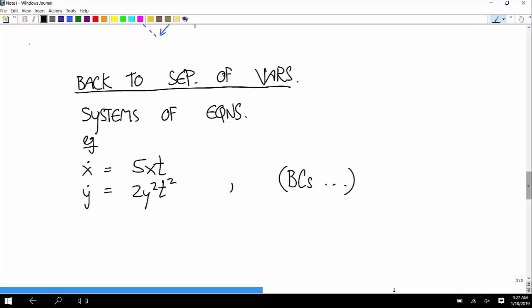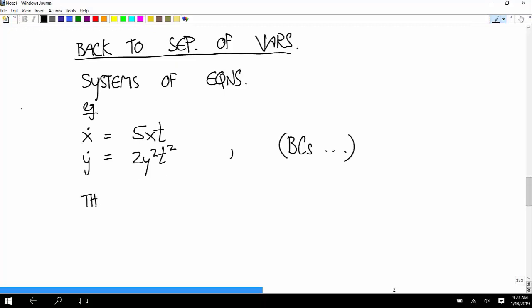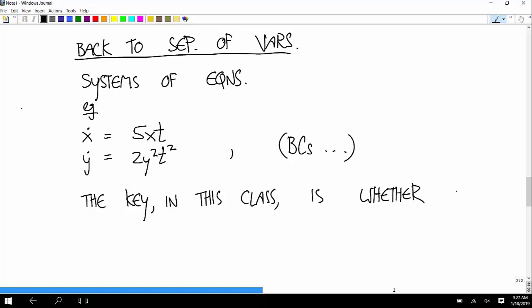But key in this class is whether the equations are coupled or uncoupled.